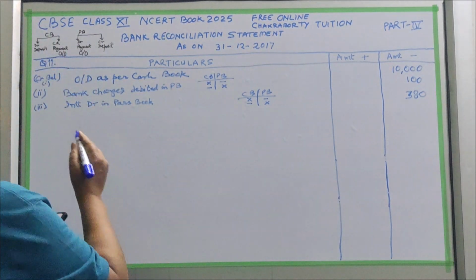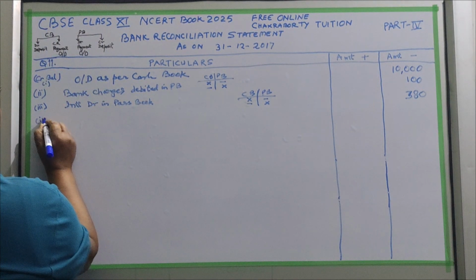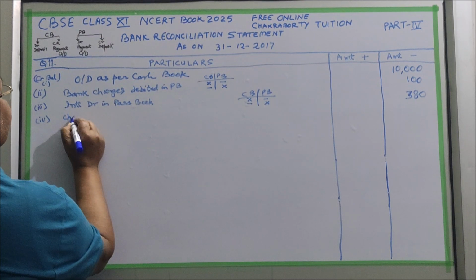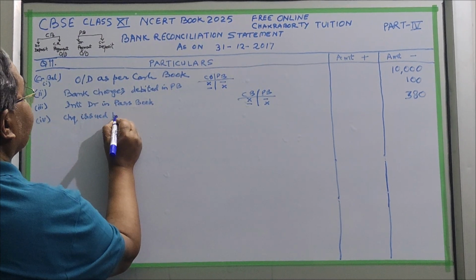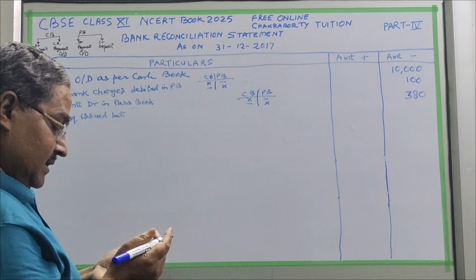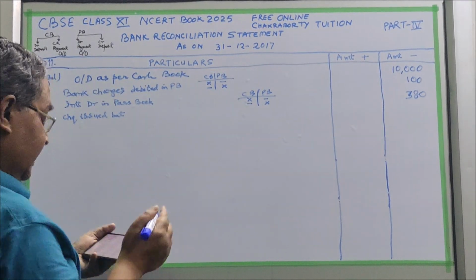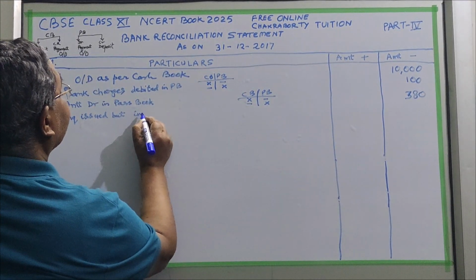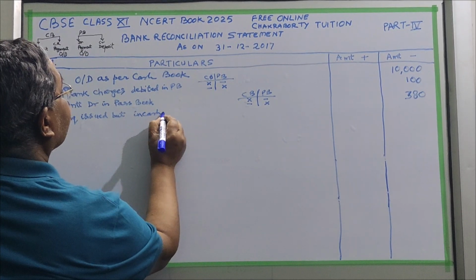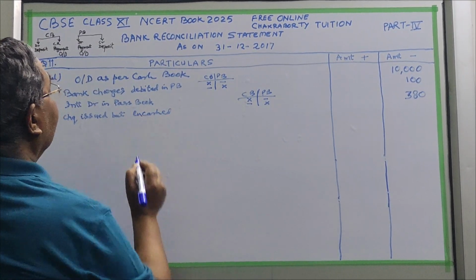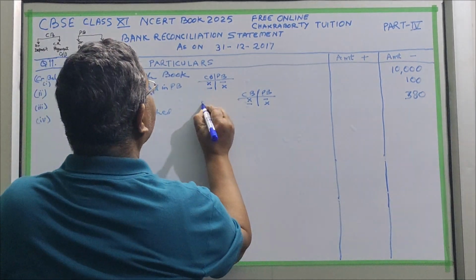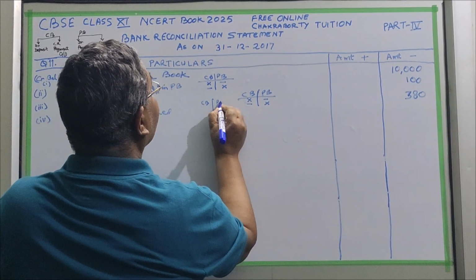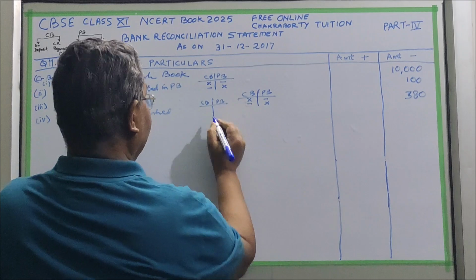Fourth, check issued but not encashed. Here if you see the position, cash book and the passbook, what is happening?